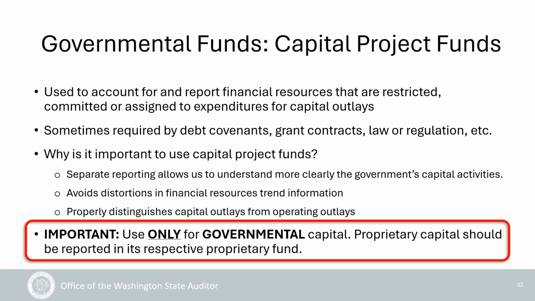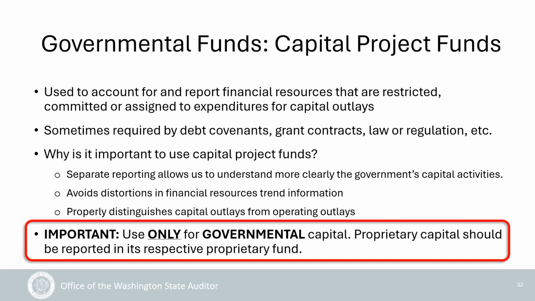Most of the time, though, it's not required to use a capital project fund. We still recommend the use of capital projects for a few important reasons. It separates out long-term capital projects and helps someone looking at your financial statements understand the capital activities more clearly.